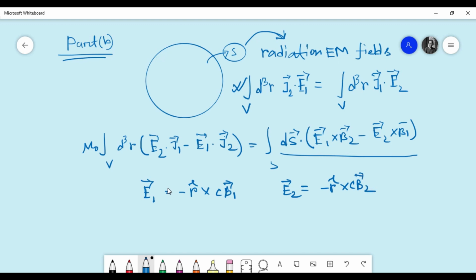Remember, this only applies to the surface that is infinitely far away from the source. Now, using these two relations, I'm going to simplify this surface integral.